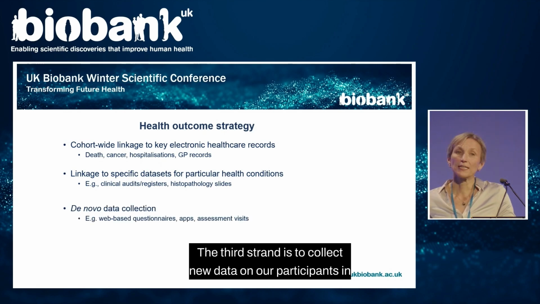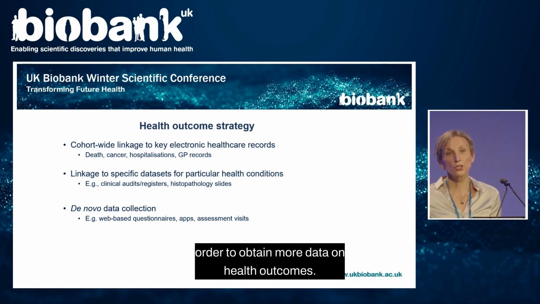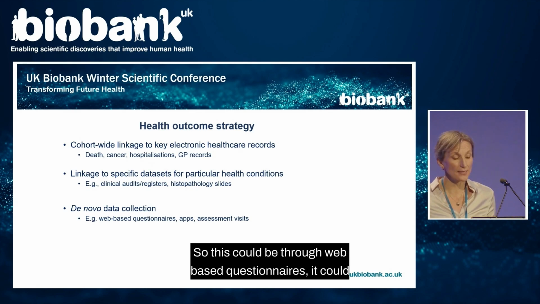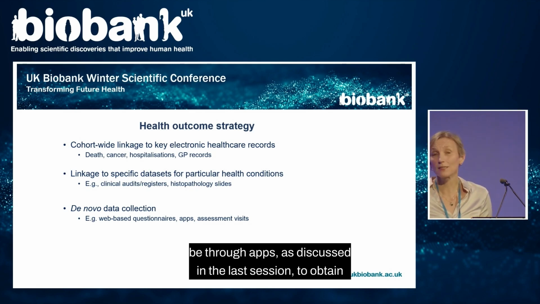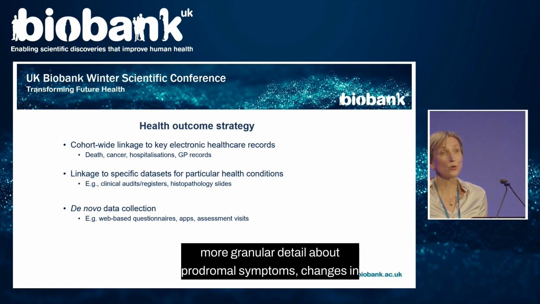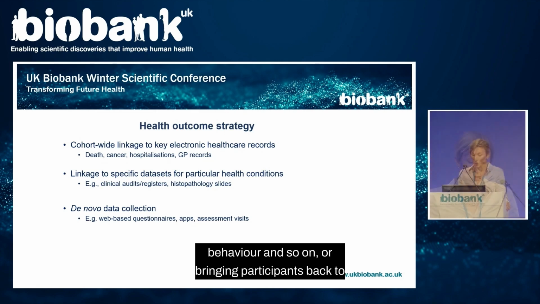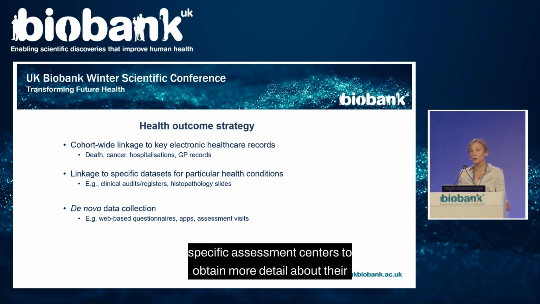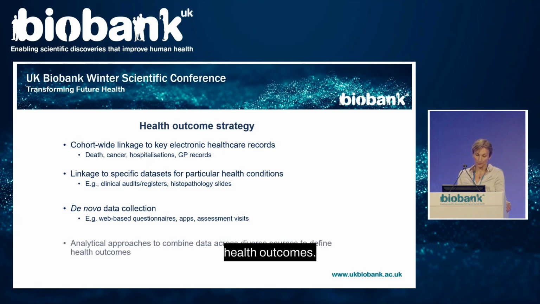The third strand is to collect new data on our participants in order to obtain more data on health outcomes. So this could be through web-based questionnaires, it could be through apps, as discussed in the last session, to obtain more granular detail about prodromal symptoms, changes in behaviour and so on, or bringing participants back to specific assessment centres to obtain more detail about their health outcomes.